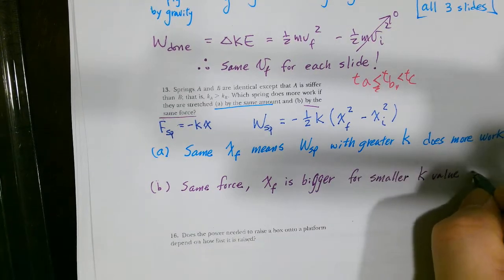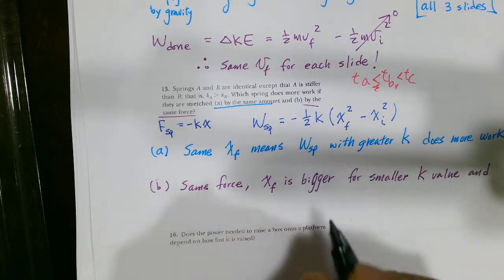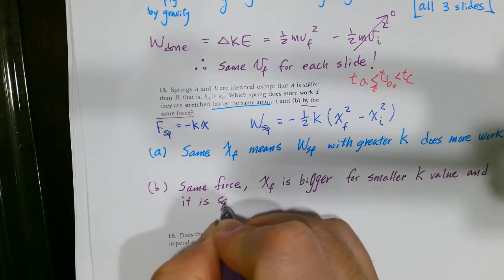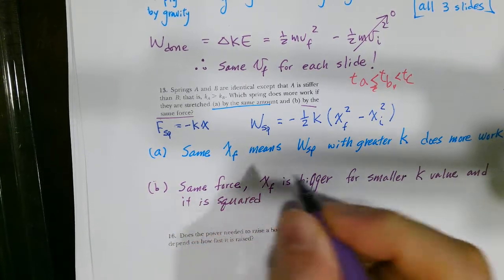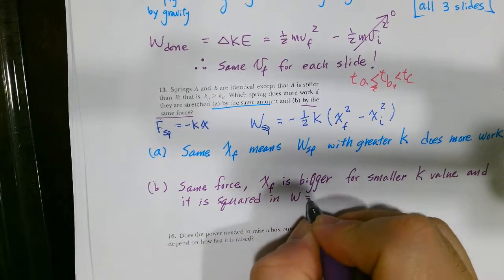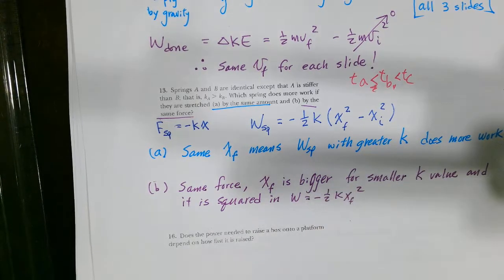And it is squared in the equation work is equal to negative 1/2 k x final squared. Right?